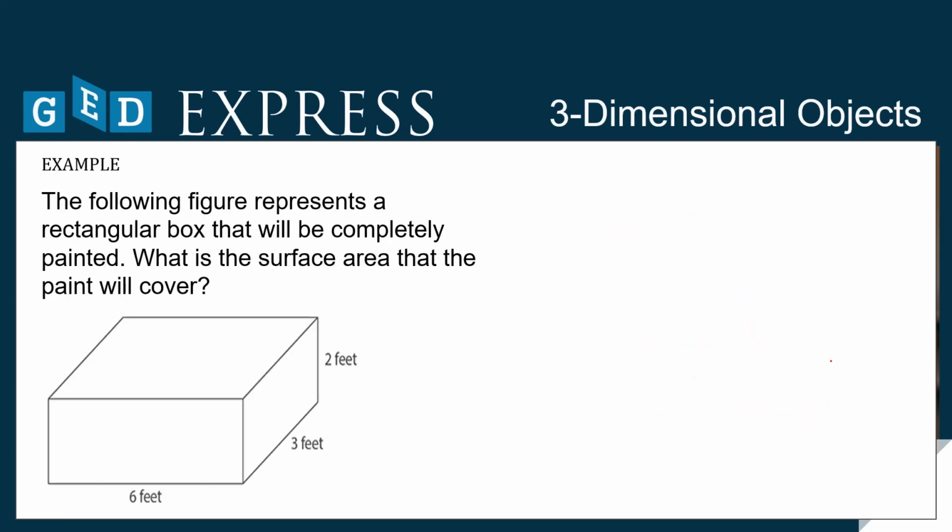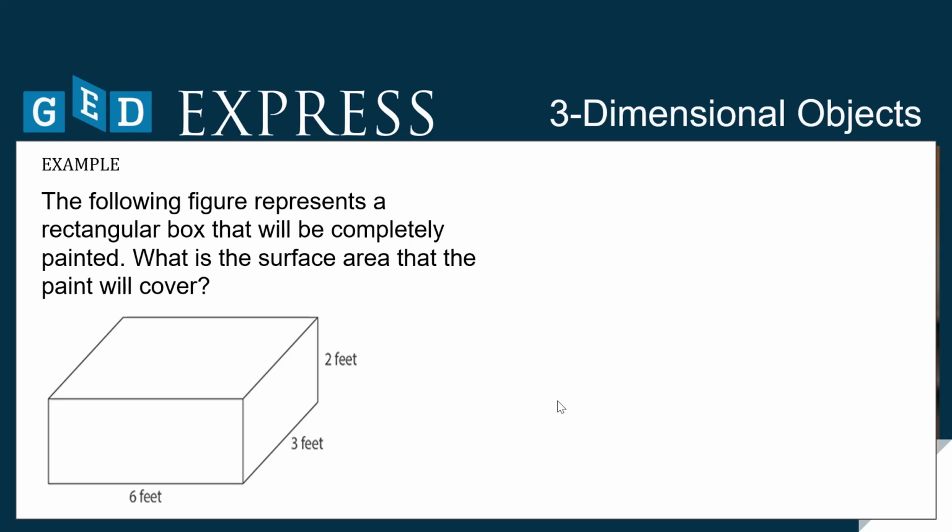Okay, another example. The following figure represents a rectangular box that will be completely painted. What is the surface area that the paint will cover? The surface area is the total area of each of the faces of the region.